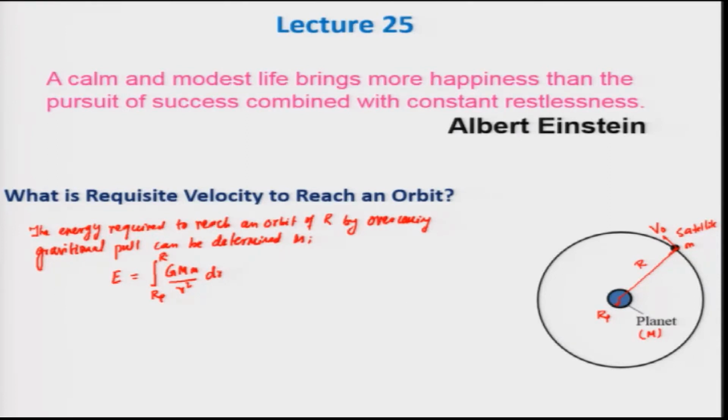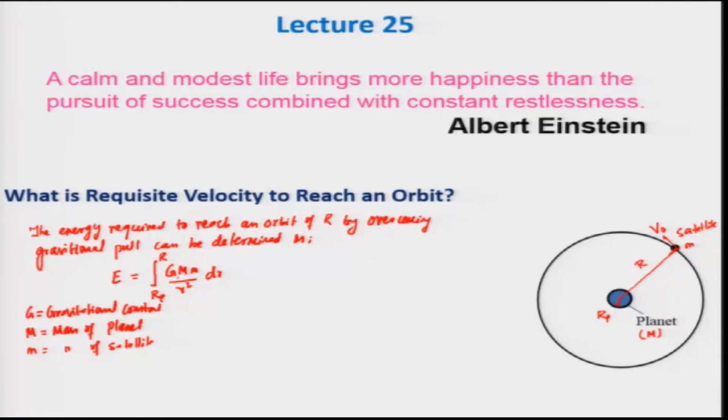Keep in mind that G is the gravitational constant, M is the mass of the planet, and small m is the mass of the satellite or space lab or space probe or whatever it may be. This has to be taken from the surface of the planet, so it is integrated from r p to r.